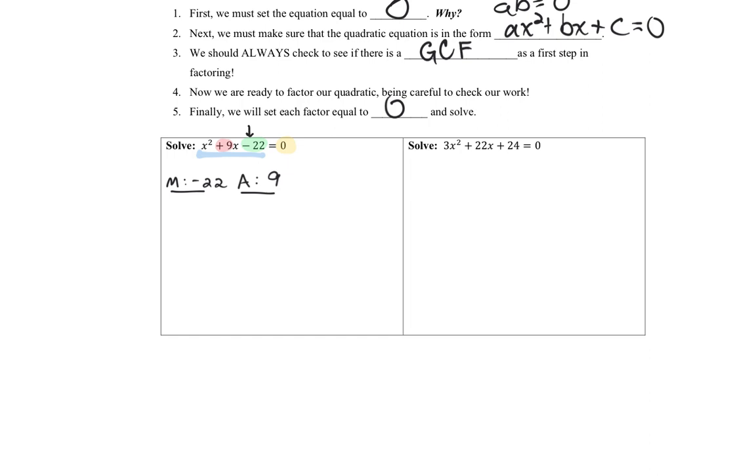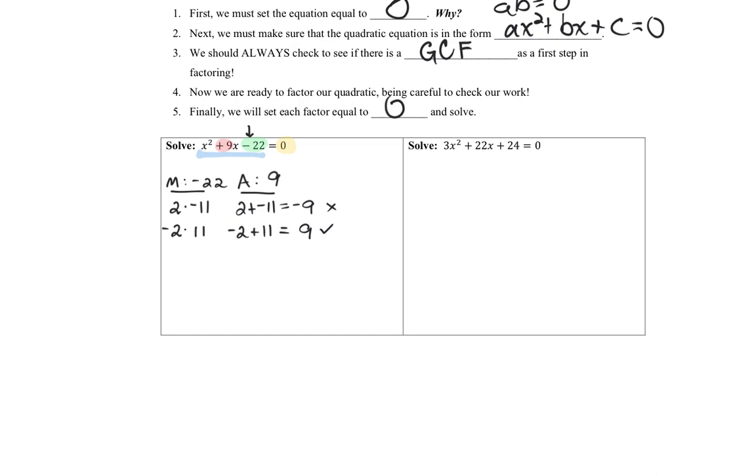And I could start out by saying, okay, well, what if I had 2 times negative 11? That gives me negative 22. But 2 plus negative 11 is negative 9, so that doesn't work. What if I did negative 2 times positive 11? Well, that gives me negative 2 plus 11, which is 9, so it works.